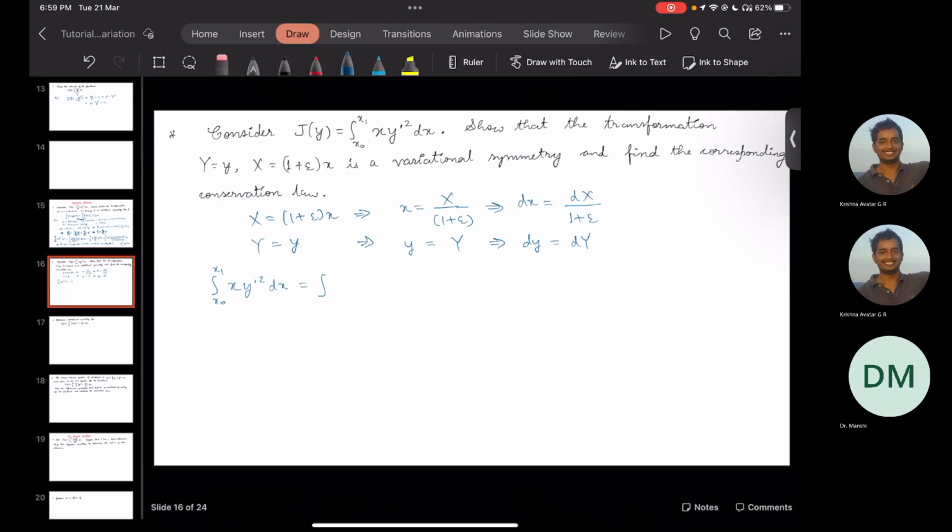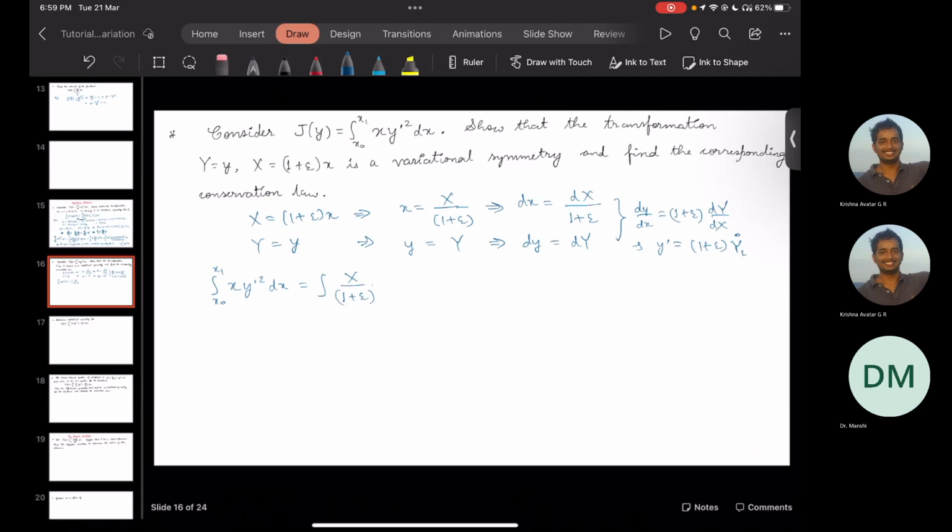Let's substitute the expression for x, which is capital X divided by 1 plus epsilon. Using this, we'll have dy by dx is equal to 1 plus epsilon times d capital Y by d capital X, and this we can call y prime, which is 1 plus epsilon into capital Y dot.